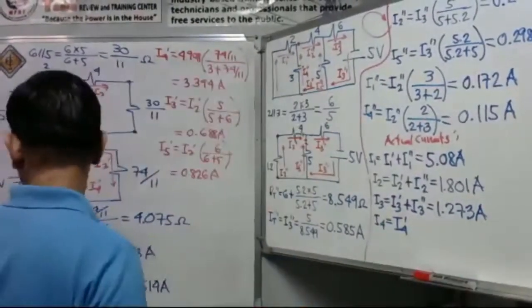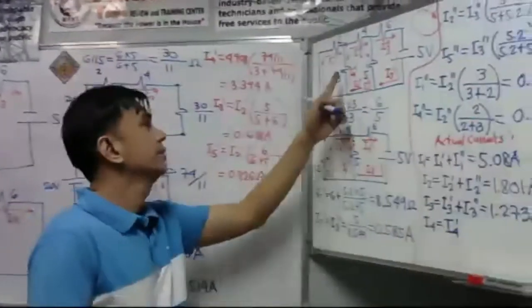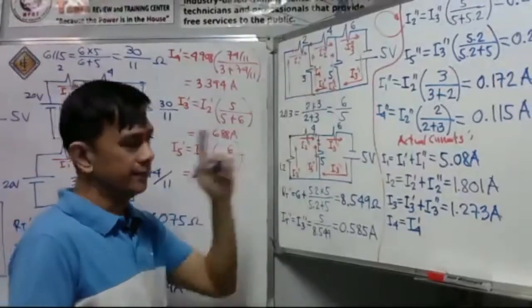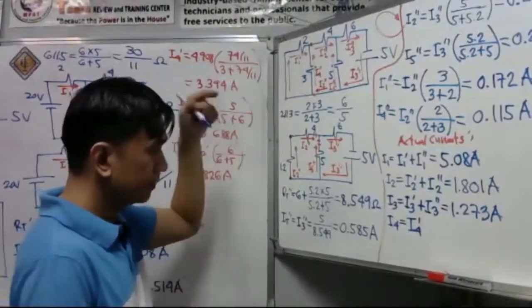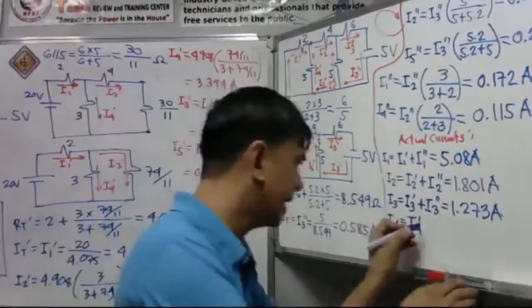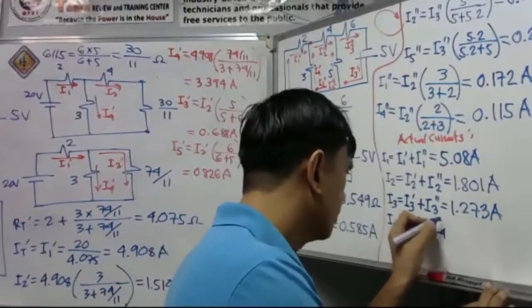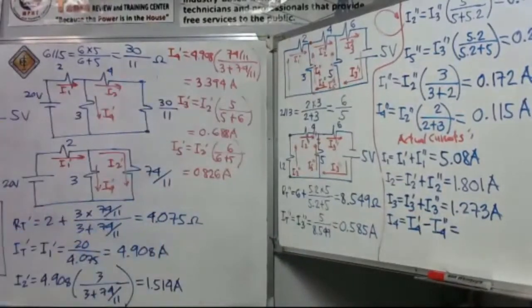What about the double prime? The I4 double prime is going upward. Because the original is downward, but it is upward, therefore, minus I4 double prime.